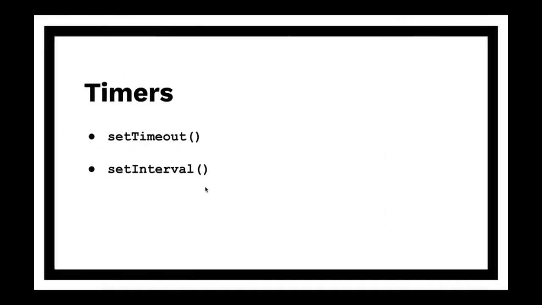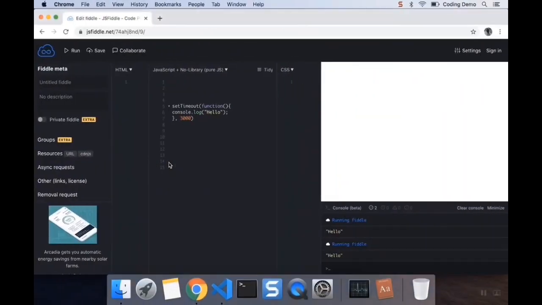So the next method that we want to look at is setInterval. The setInterval method calls a function or evaluates an expression at specified intervals. So again, it's in milliseconds. So let's say you want to display the clock. This is a very interesting use case, by the way.